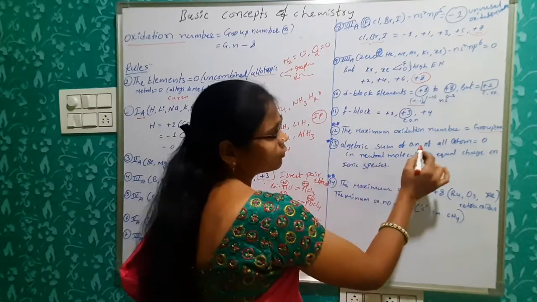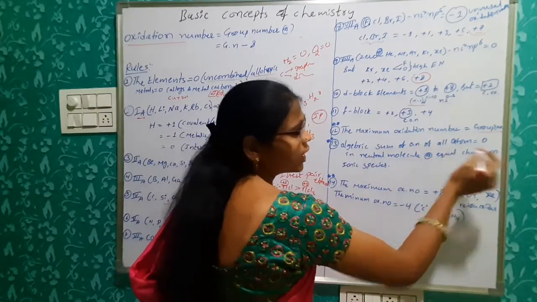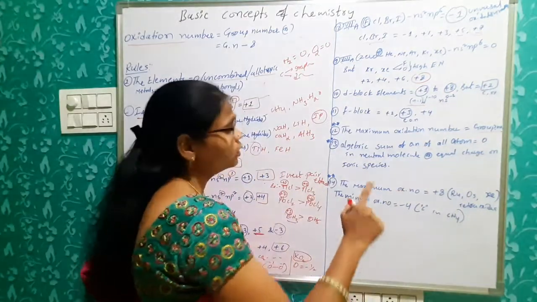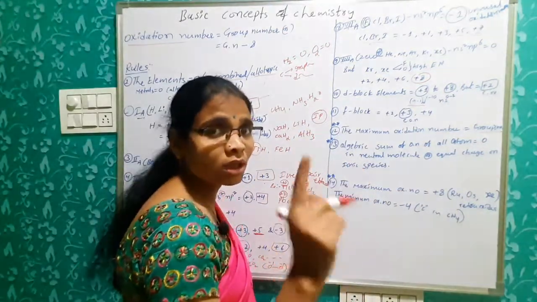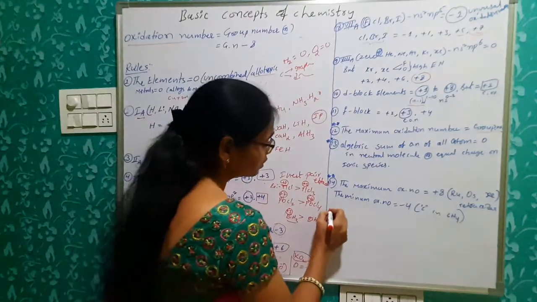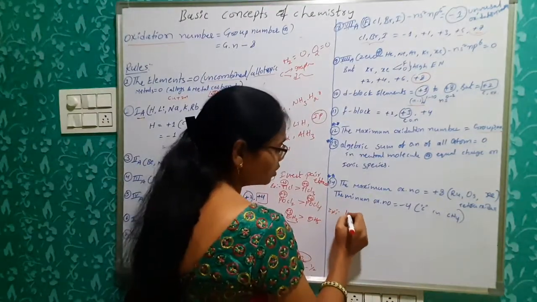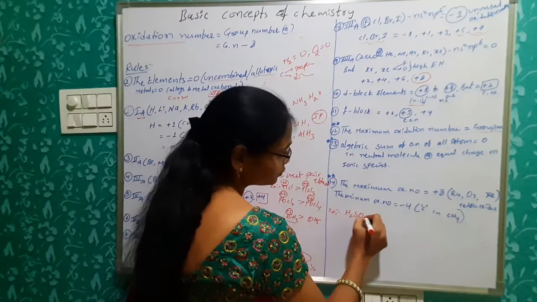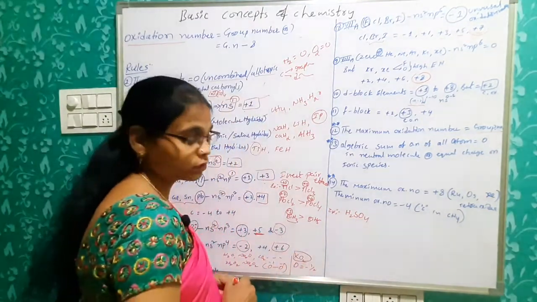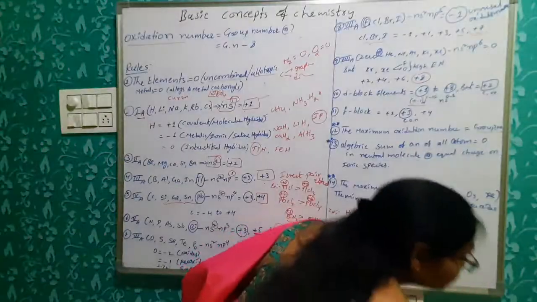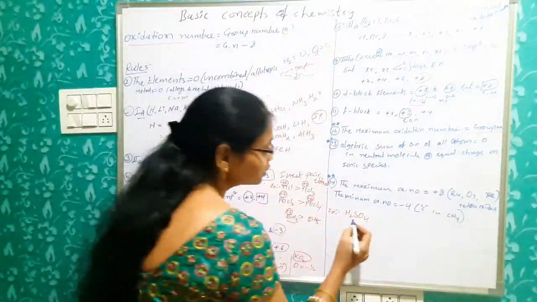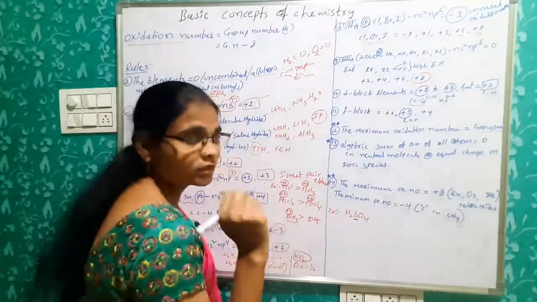Now see here. The algebraic sum of oxidation numbers of all atoms is equal to 0 in a given neutral molecule. For example, H2SO4. First of all, find the oxidation number of sulfur.